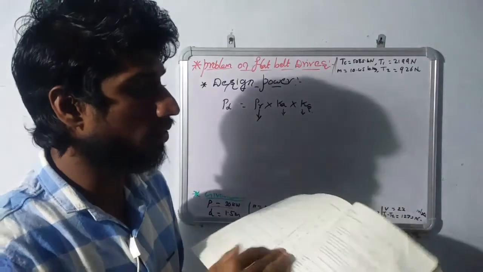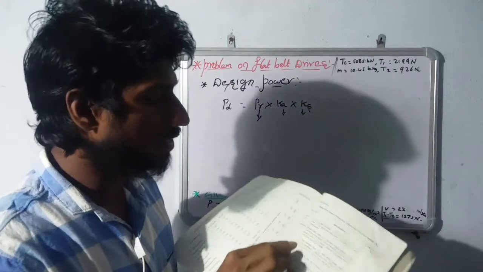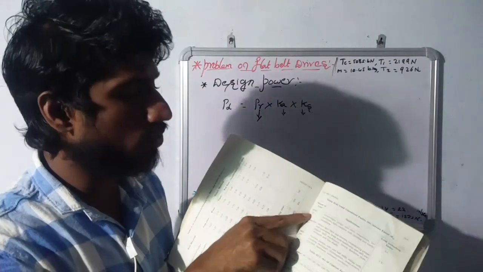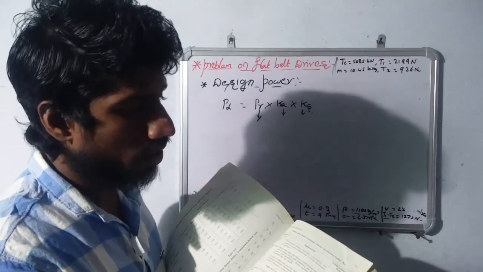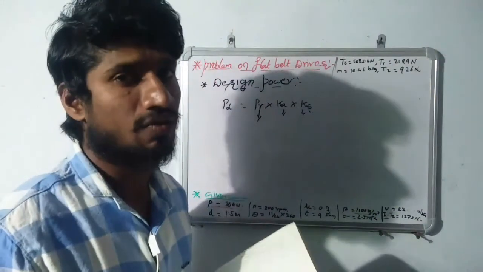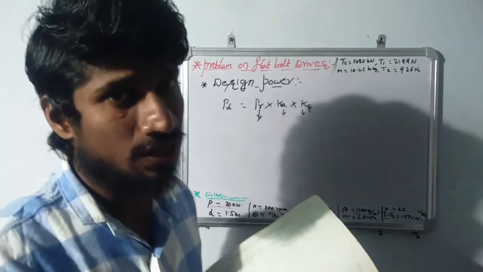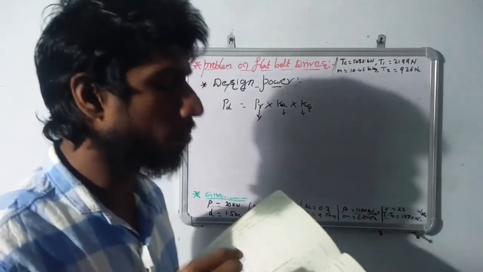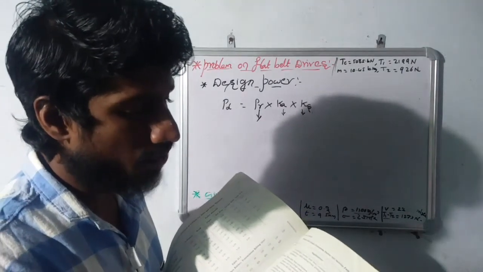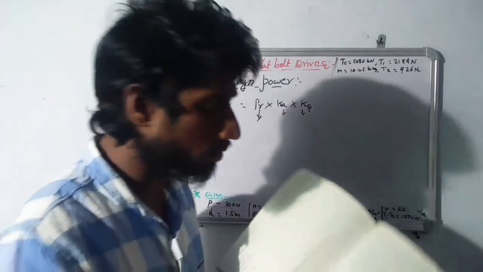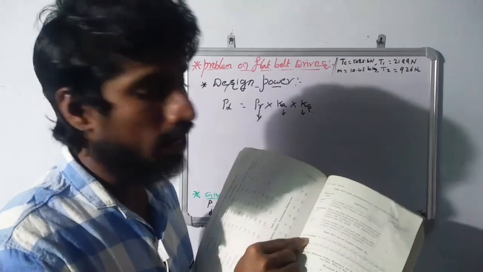Go to the next, how we consider the service factor here. For the service factor, we have different types of loads: steady load, intermediate load and shock loads. In each condition, we have a value of service factor. In the given problem, it doesn't mention which type of load is acting on the belt. So from a design point of view, it's better to design the belt drive for the shock load condition. In this condition, the service factor is 1.5. As for the arc of contact factor, we know the angle of arc of contact.